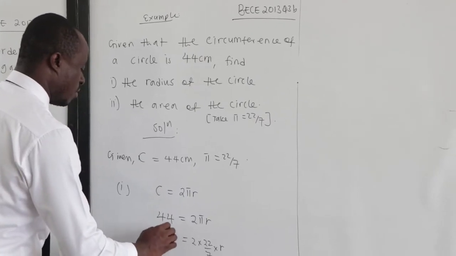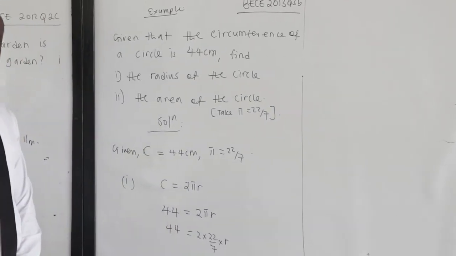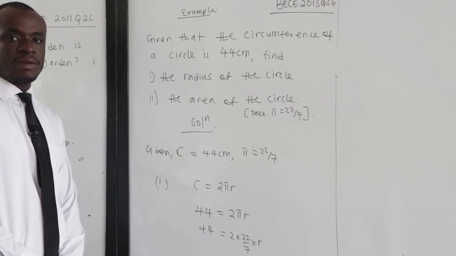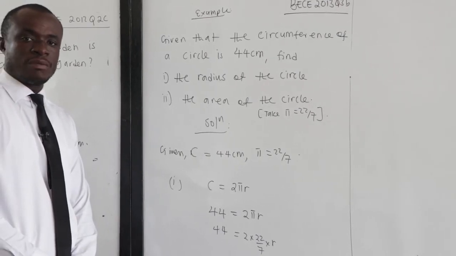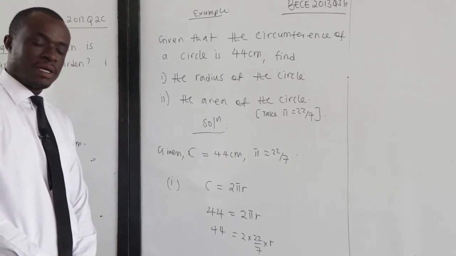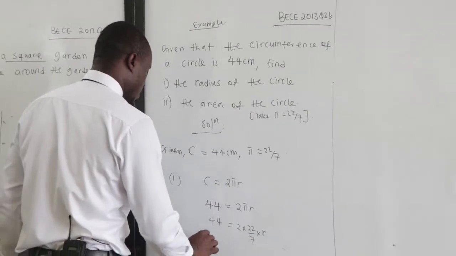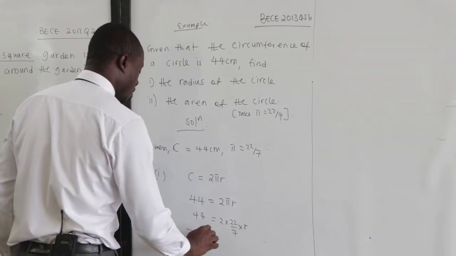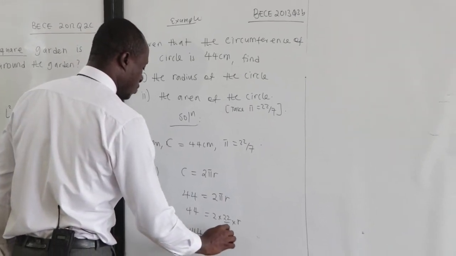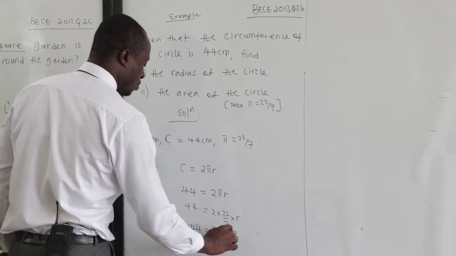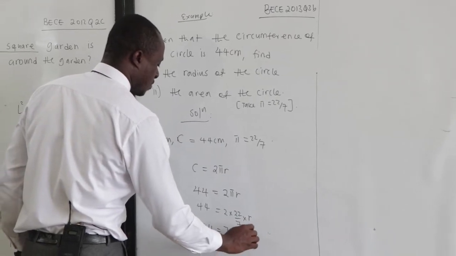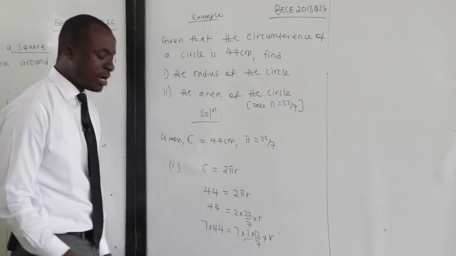What is the LCM? The LCM is 7. So you multiply each side by 7, the LCM. So you have 7 times 44 equal to 7 times 2 times 22 over 7 times our radius r.